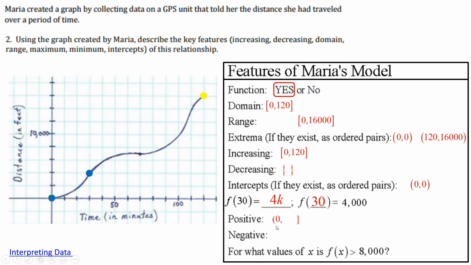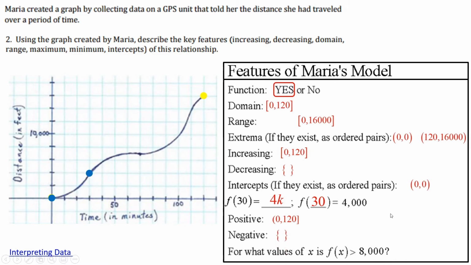So that's open on the left, but then it's positive the rest of the way until we get to x equals 120, and that's why we put a bracket on the right. This is called the half open interval from 0 to 120. X can equal 120, but not 0 there. When is it negative? It's never negative.